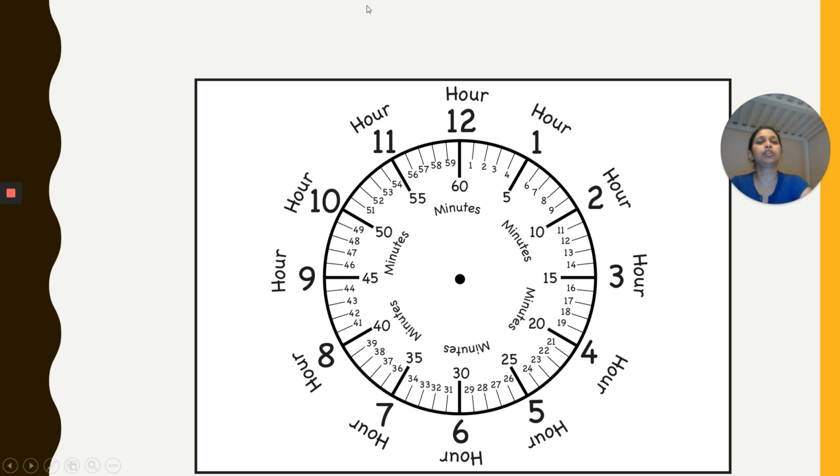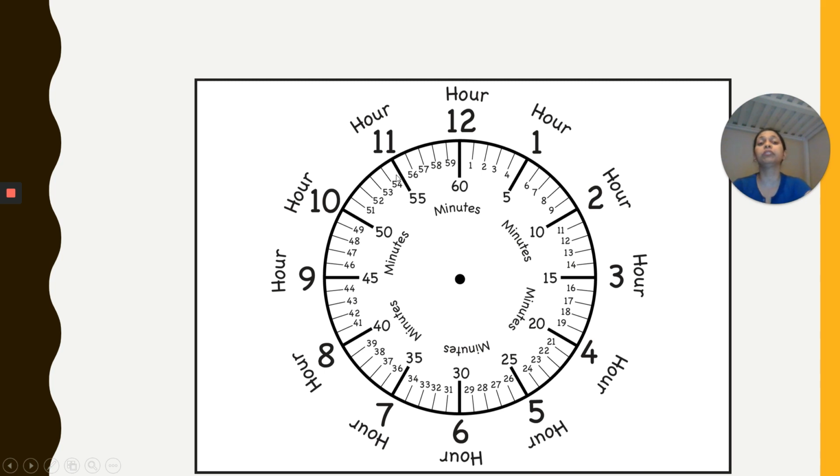To understand your 12-hour clock, you not only need to know the hours on the clock, which go up to 12, but you need to know the minutes as well. If you have a look here, there's the word minutes on the inside, and it means that the minutes on every hour run in 5 minutes each.